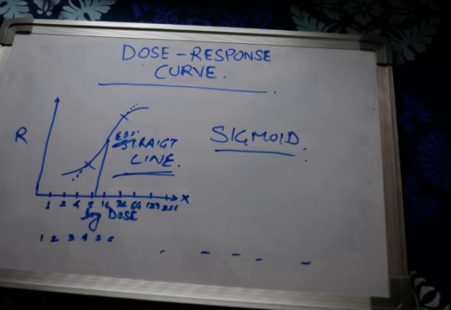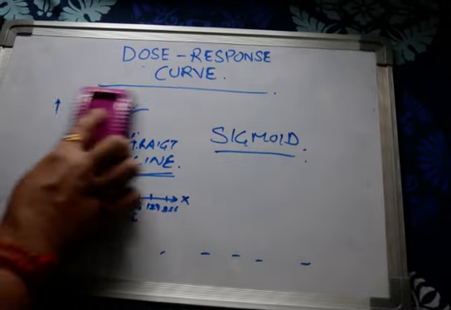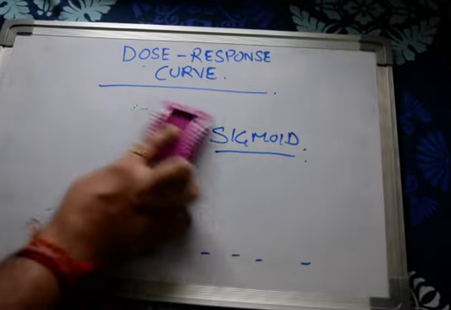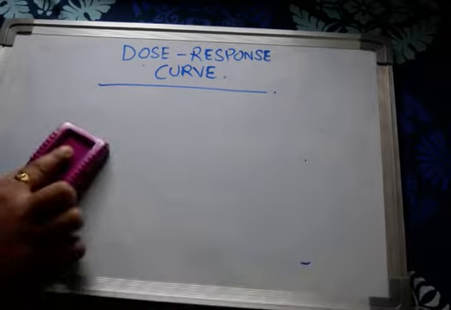Another type of setup is what we call a quantal dose response curve, and there what we do is we take a bunch of individuals, or a fixed number of experimental animals, give the dose to all those individuals and see the response in all of them. And there we fix the response.